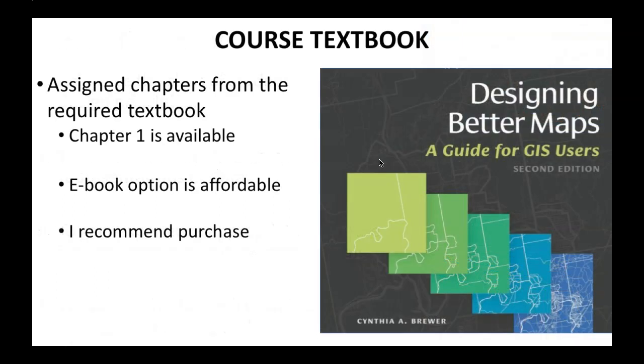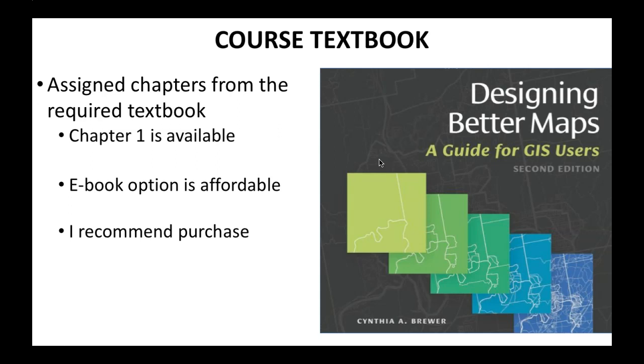I want to briefly remind you that we are using a required textbook for this course. I have provided several links to it in the module. Chapter 1 is already available. You can begin reading it now. We will begin discussing it next week. There is also an ebook option, which is affordable. You can also look for the book as used, but I recommend that you get a hard copy.